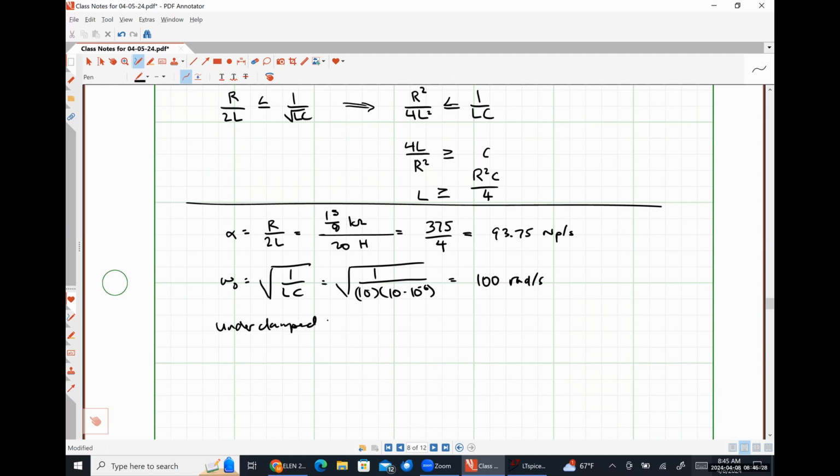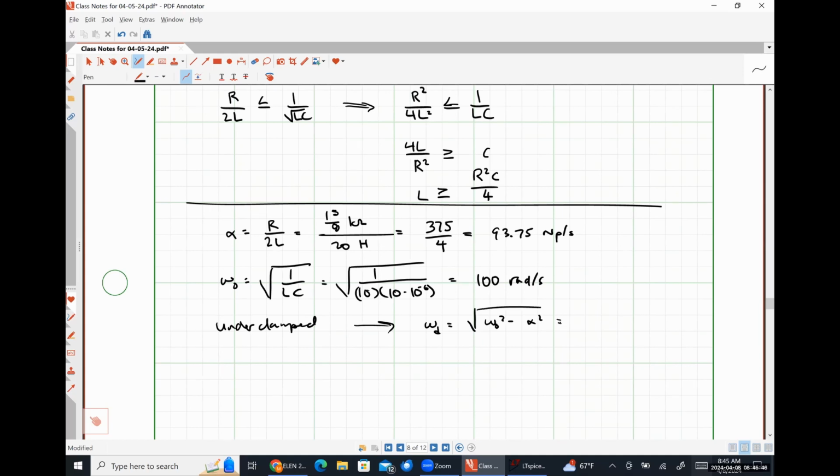While we're at it, omega D is going to be the square root of omega naught squared minus alpha squared.